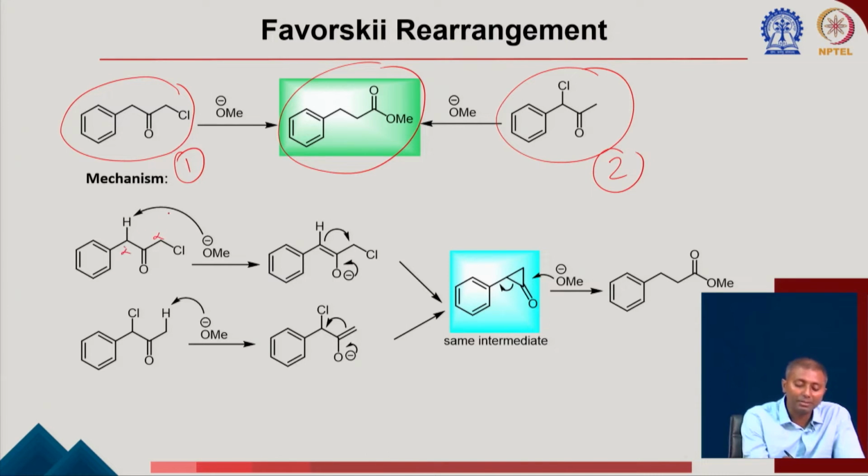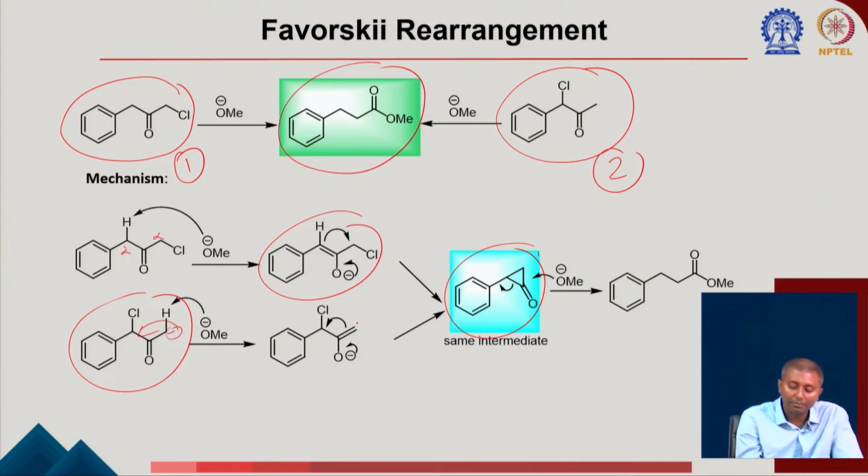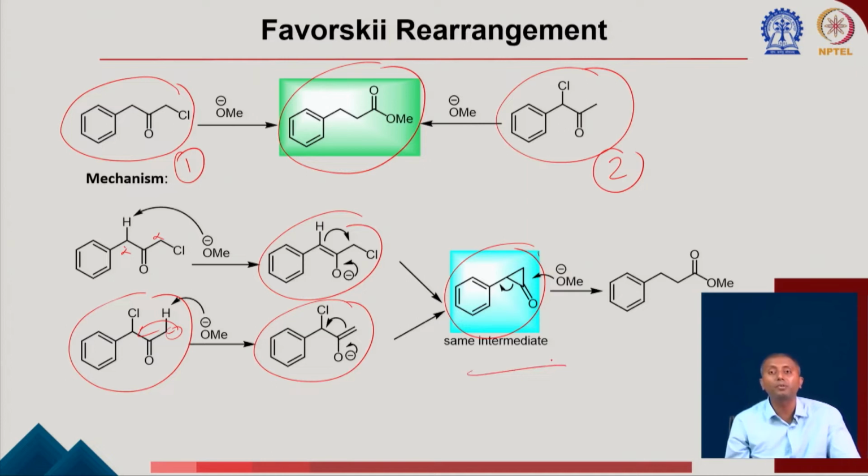It is going to abstract this proton, and then the anion attacks here to give this type of intermediate. If it starts from the other compound, the same thing happens: it can abstract this proton, and from the negative charge attack here, from this same intermediate. Because it forms the same intermediate, once the OMe minus attacks, it goes to the same product.